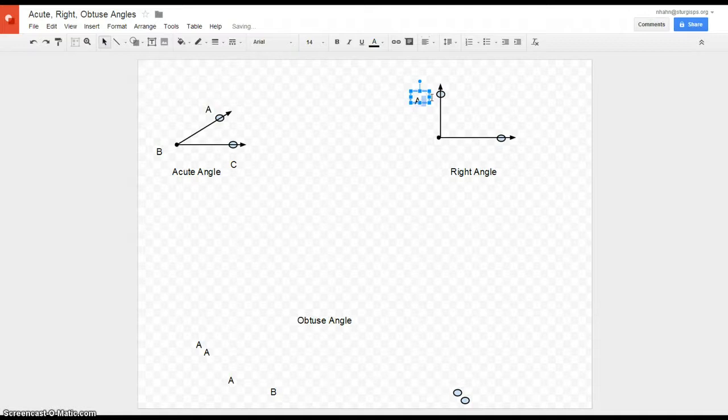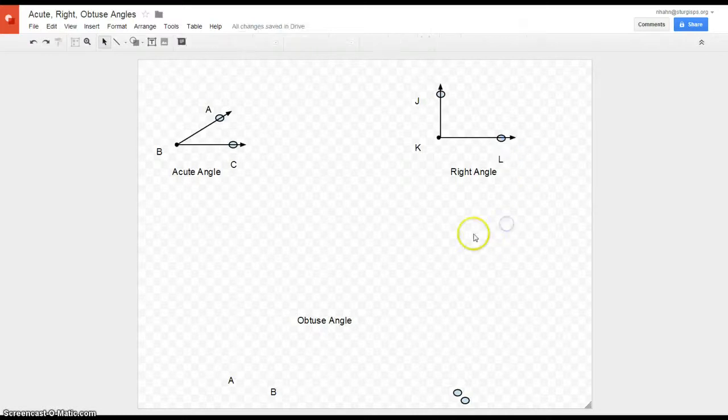I'll call this point J. And we will label this point K. And the last one we will label as point L. And so we would call this angle JKL, or we could call it angle LKJ.